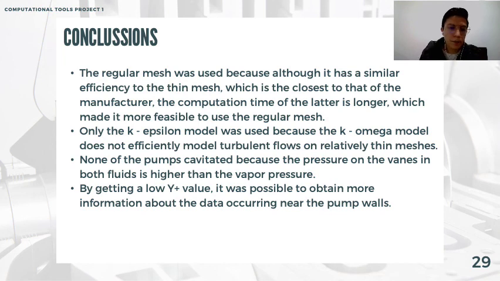Also, none of the pumps cavitated because the pressure of the vanes in both fluids is higher than the vapor pressure. Finally, by getting a low Y plus value, it was possible to obtain more information about the data occurring near the pump walls.